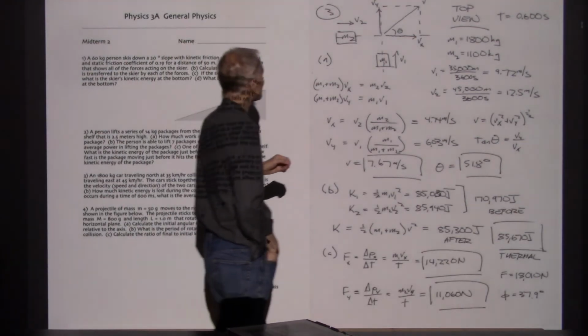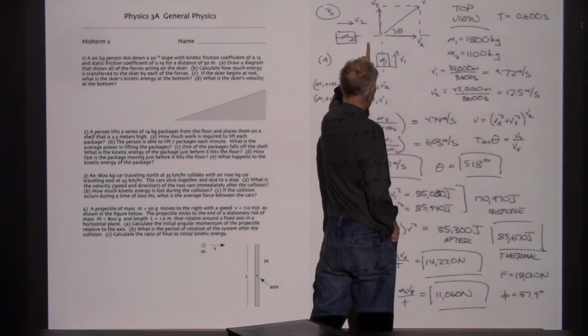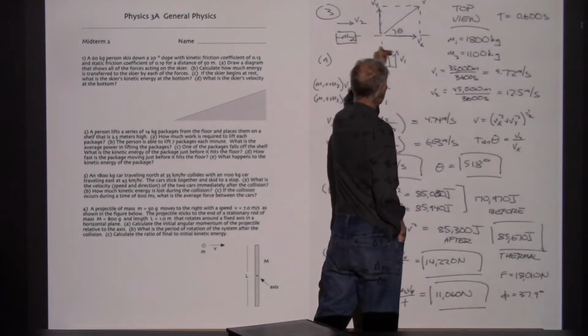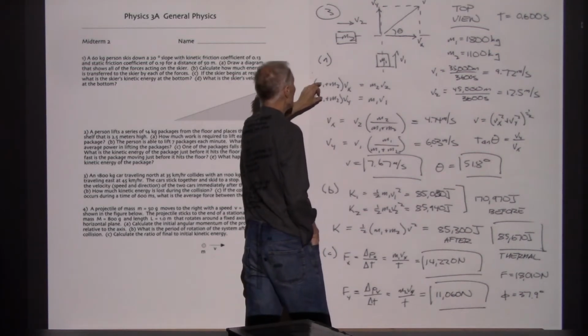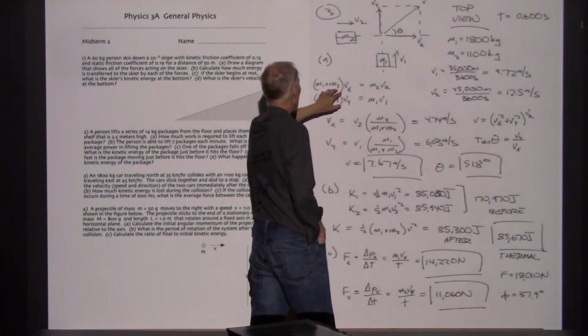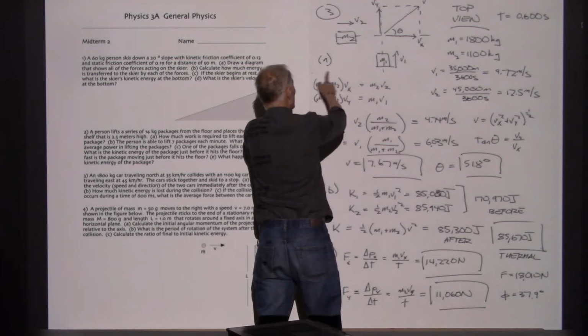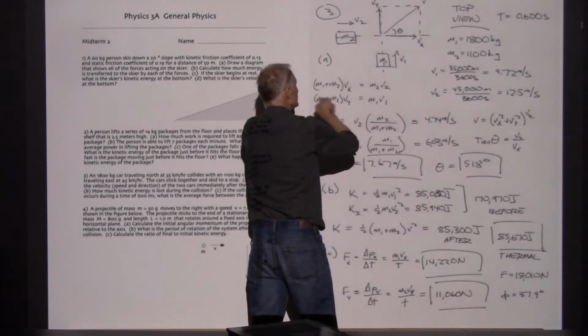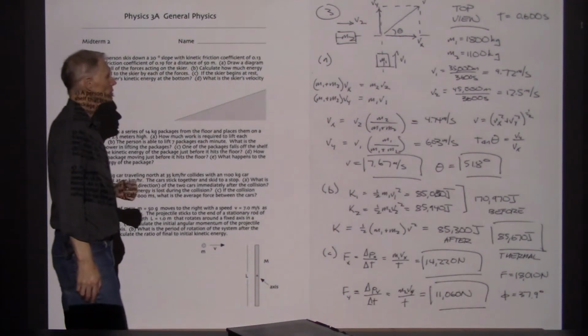Now it's going to have an x component and a y component, and the x component is going to be vx, with a mass of m1 plus m2. So the x momentum after the collision equals the x momentum coming into the collision.